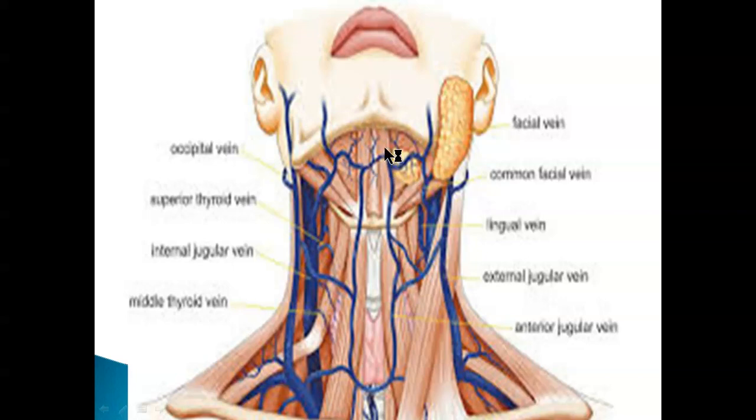Here we can see it formed in the submental region; here is the hyoid bone going down, and the anterior jugular vein joins in the suprasternal notch. So the commencement of the anterior jugular vein starts in the submental area.